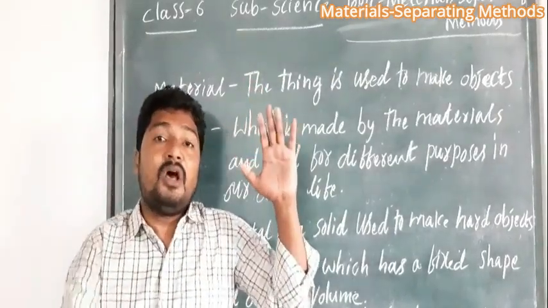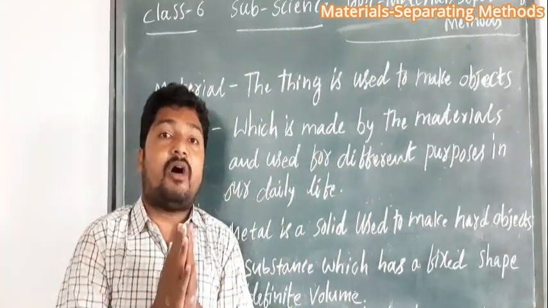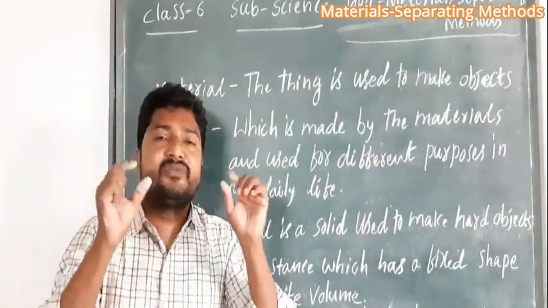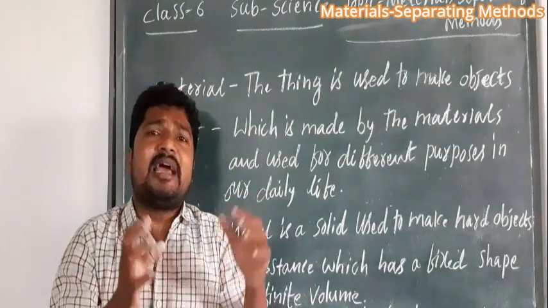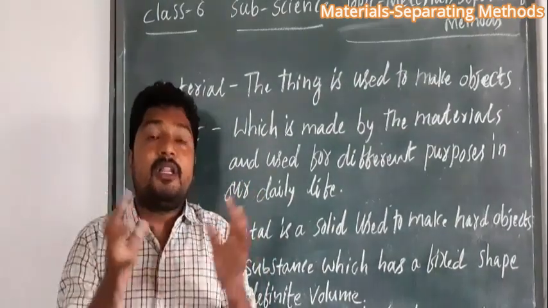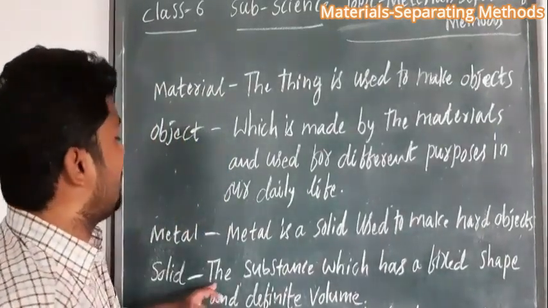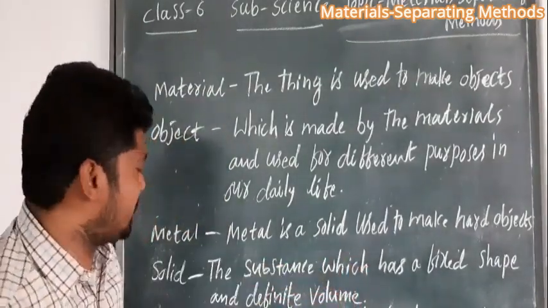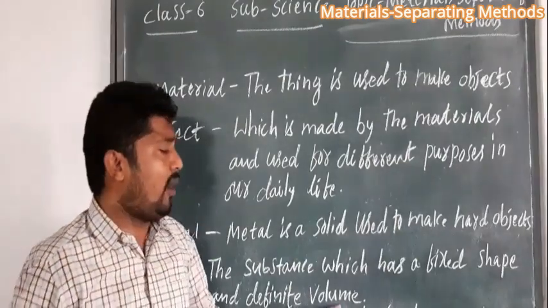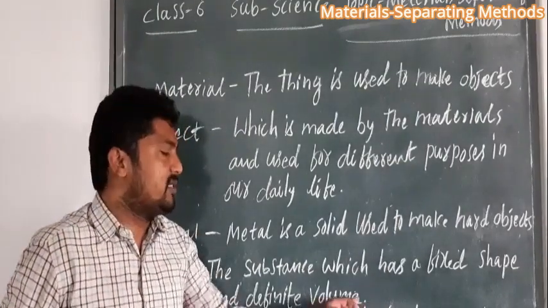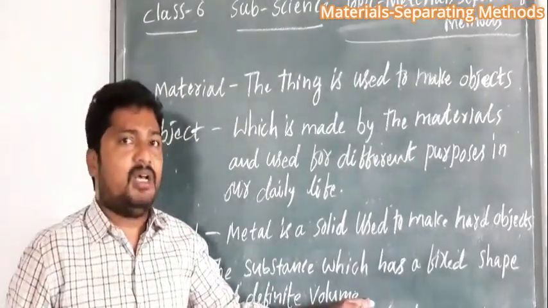Already I said objects are solid materials which have molecules tightly occupied. The substance which has a fixed shape and definite volume or weight.